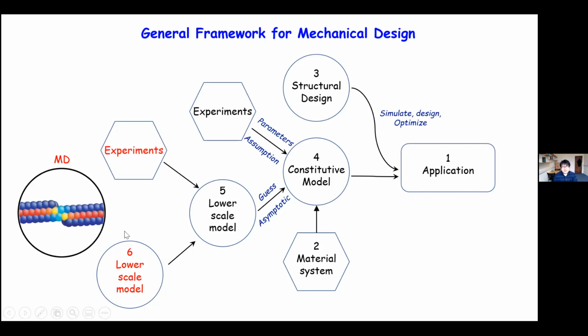So this is basically a general framework for multi-scale mechanical designs. Basically, we can track down the scales and go into lower and lower length scales to a point that we really do not need any experiments, as well as we can incorporate more and more length scale features through this kind of framework.